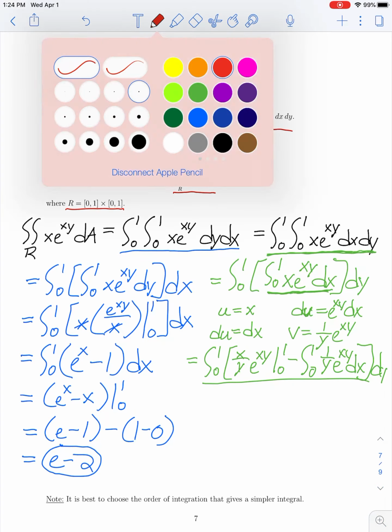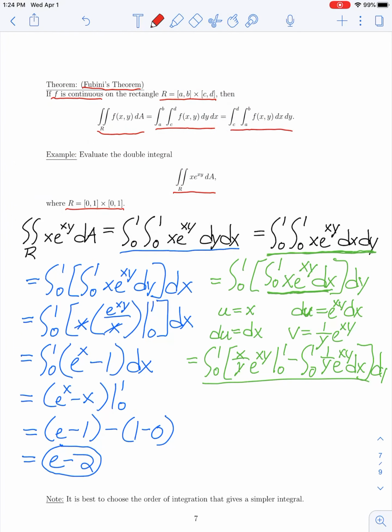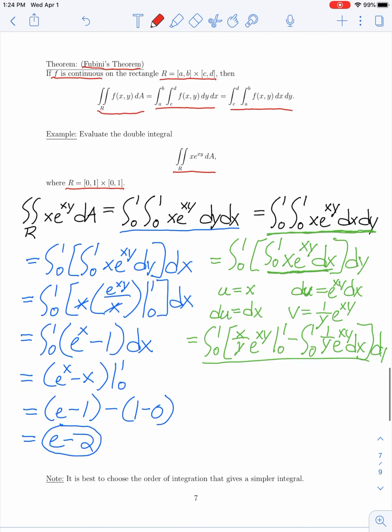So we see pretty quickly that if we were to use the order dx dy to evaluate this double integral, we get an antiderivative which is much more difficult to evaluate. So in general, for these double integral problems where we make use of iterated integrals, it is always best to choose the order of integration that will result in a simpler integral.